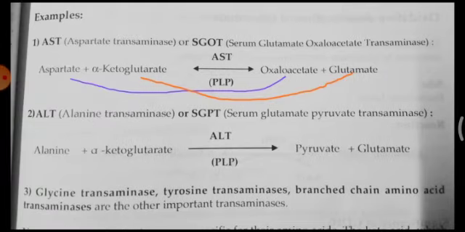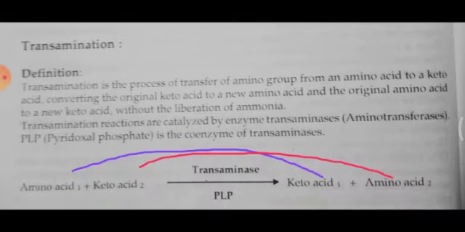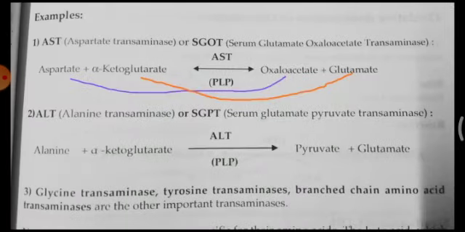Next one, the actual example for transamination. If you see aspartate, that is amino acid 1, and alpha-ketoglutarate, that is keto acid 2, that represents the general depiction I showed earlier; the specific example is shown in this slide. Aspartate will become oxaloacetate, which is a keto acid, and alpha-ketoglutarate, by getting the amino group from aspartate, followed by orange color, is converted to glutamate.